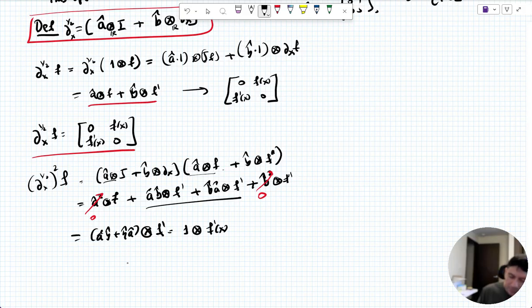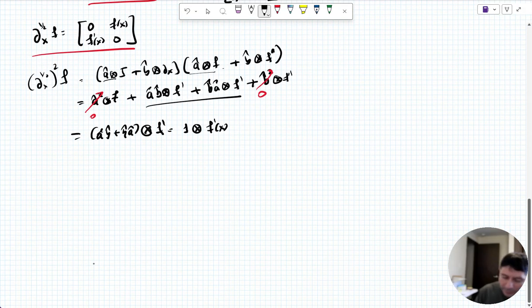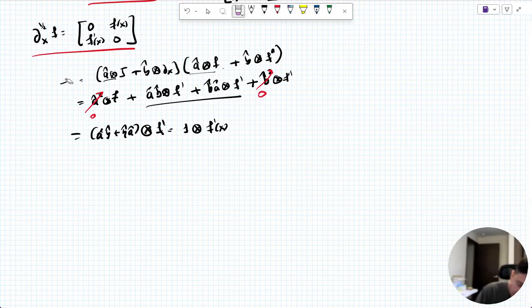And lo and behold, right? Remember, yeah, I made a mistake when I wrote this down. So this should really be the square of the derivative operator, something went wrong.